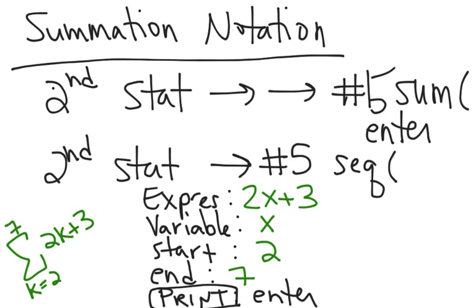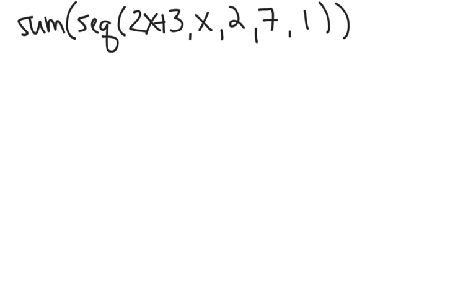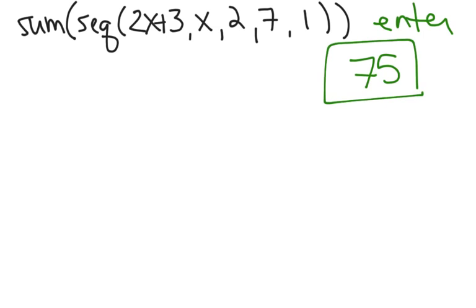There's one here in between that says increment. Sorry about that. The increment, you just type in 1 every time. And then after this pops up on the screen, you hit enter. And then it'll pop out the answer for you. And the answer that should pop up then is 75. And you may want to try that on your calculator yourself.